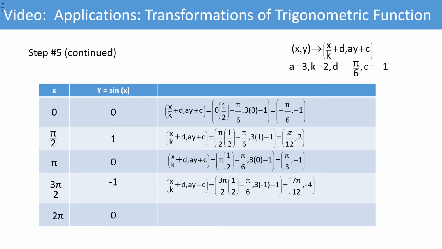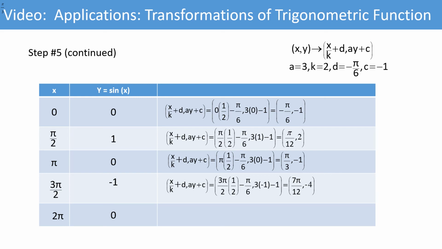The fourth point, the minimum point. x is 3π/2, k is 1/2, d is -π/6, a is 3, y is -1, and c is -1, gives us (7π/12, -4).